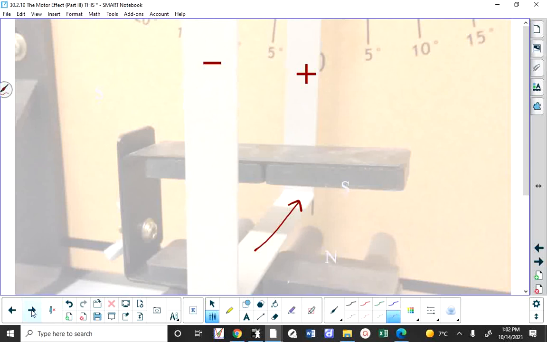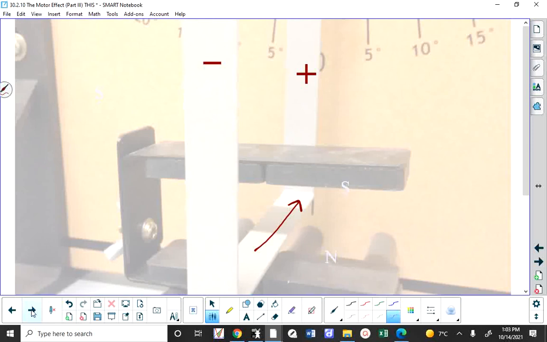And I want to just check to make sure that we have a north pole below and a south pole above. I'm going to use my little thing, there it is. We'll just check the bottom. We want the bottom to be north, is that right? North, south, north.